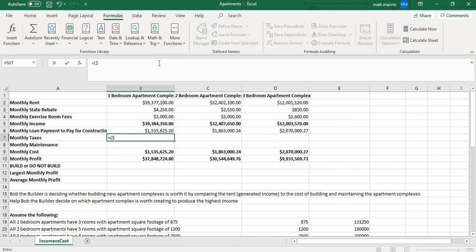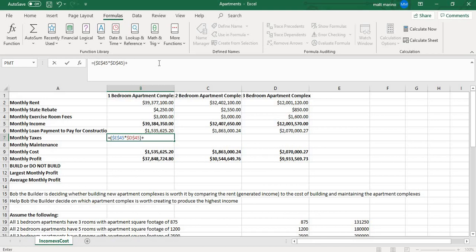So we need to reference one of our 45,000s and multiply this by our cell reference of 7%.